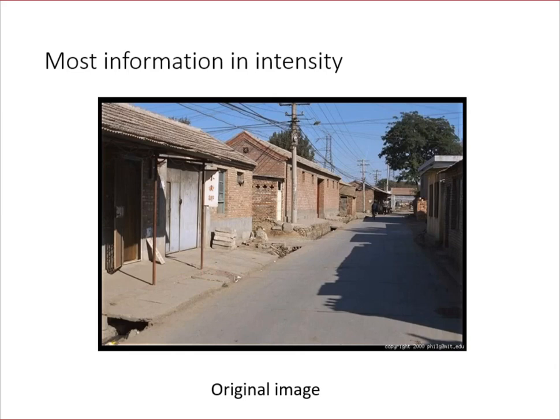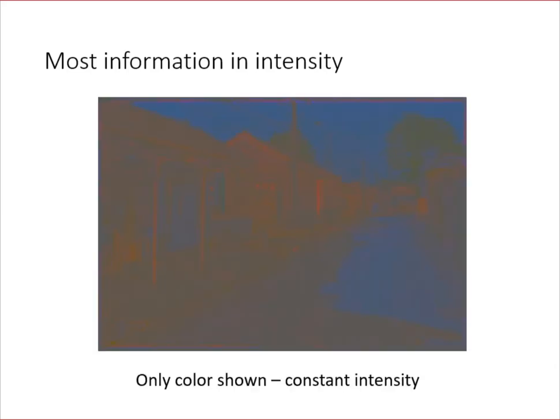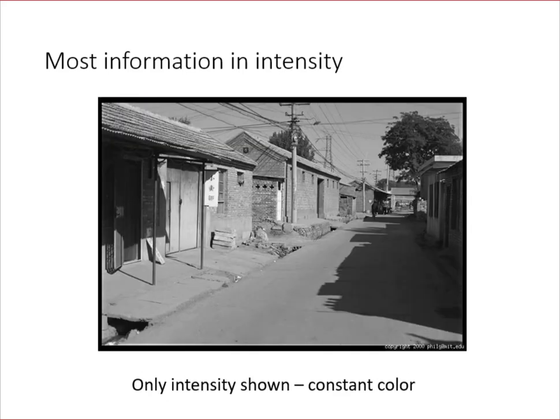If I show the color only, it means I set all of the brightness or intensity the same. That's what you will see. And if I replace the color with the same, but preserve the brightness, then this is the result that you will see.